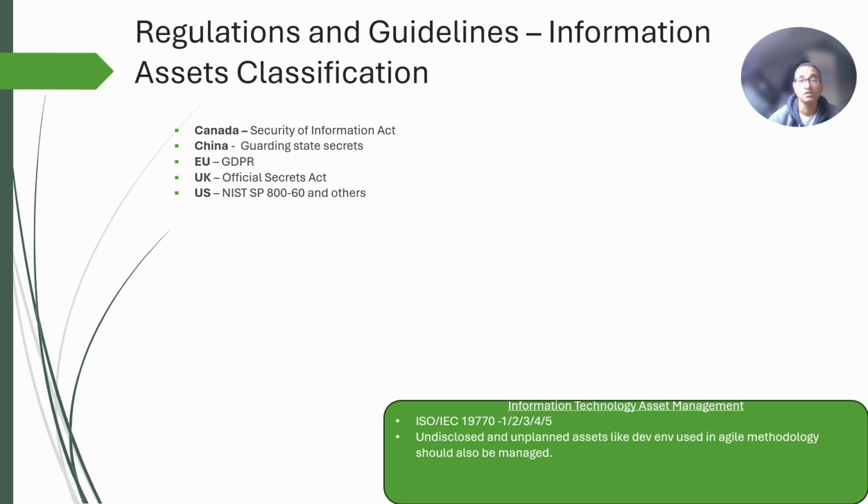And it is important to note that most of them propagate the idea that if you find an asset in your inventory which is undisclosed, or which you have not seen before, or which got in unplanned, you tend to apply the maximum security controls over it, because you may never know what it is.